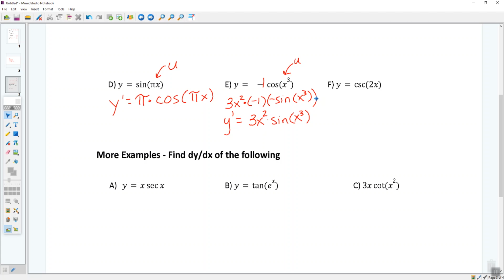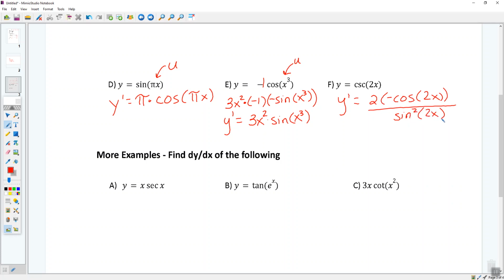Okay. So what did we say the derivative was? U prime times negative cosine, is that right? Okay, what would u prime be in this situation? 2. So we're going to have 2 times, what do we say, negative cosine of 2x all over sine squared 2x, is that right?